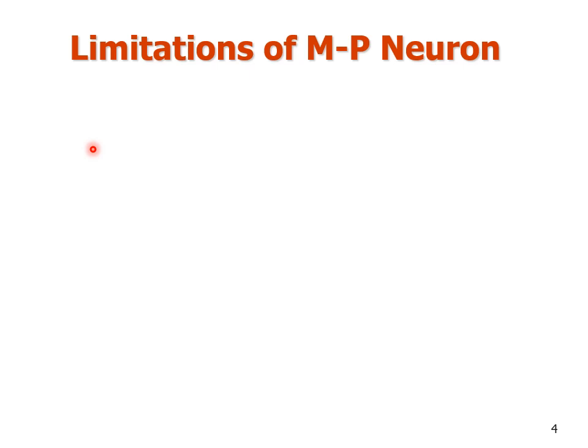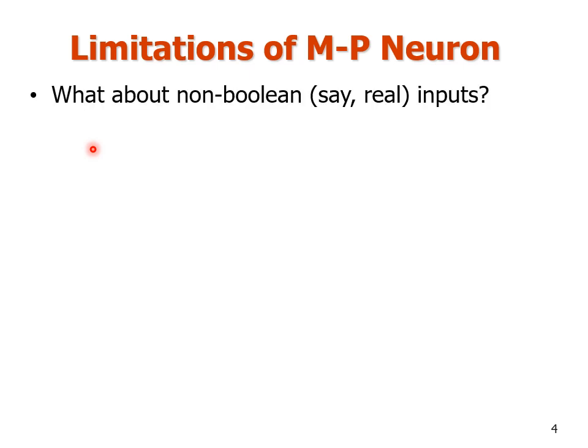So prior to actually dealing with perceptron, let us once again go through these limitations and understand the problems. The first limitation of MP neuron is the type of input that is handled by MP neuron. MP neuron handles only Boolean kind of data. Please remember, MP neuron handles only Boolean kind of data.